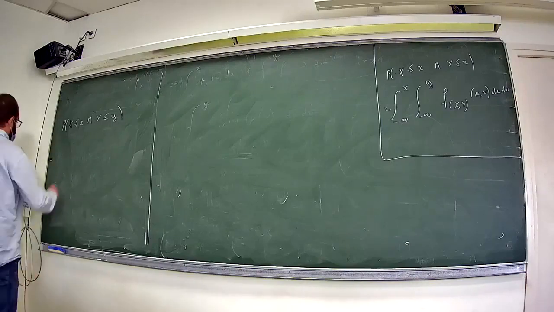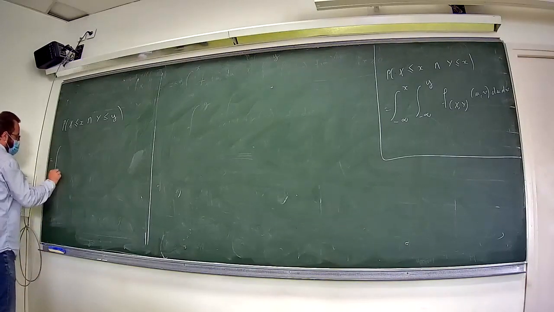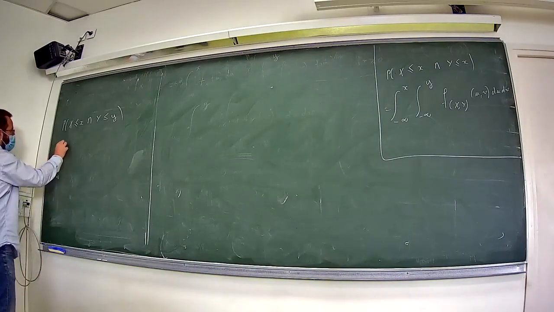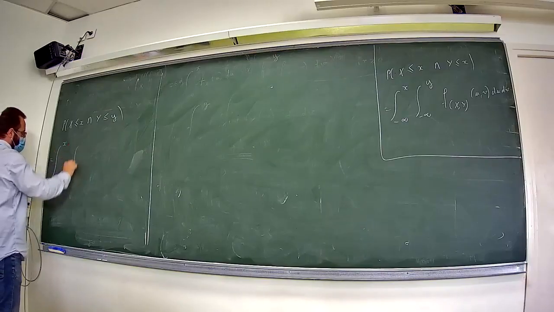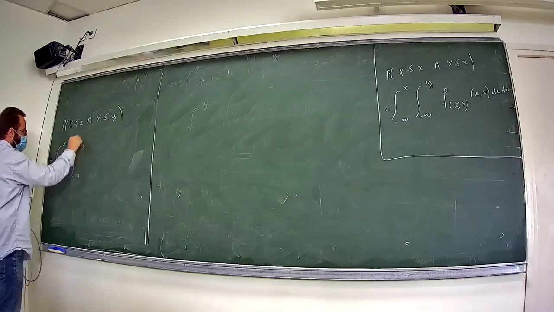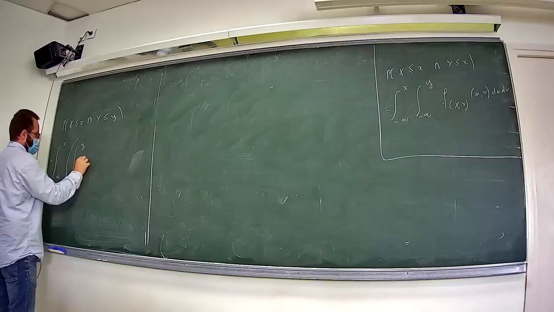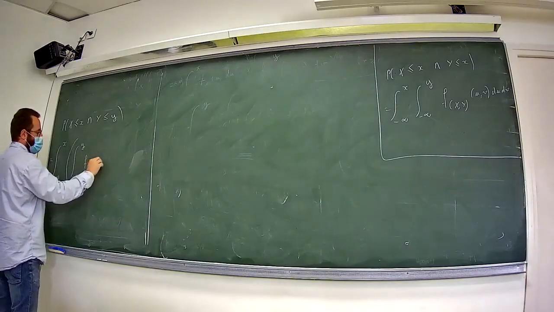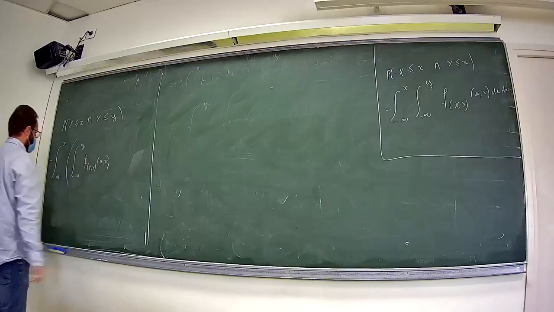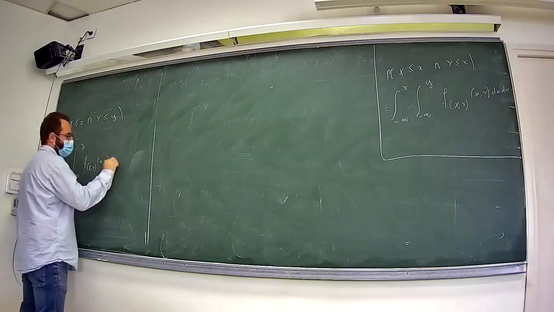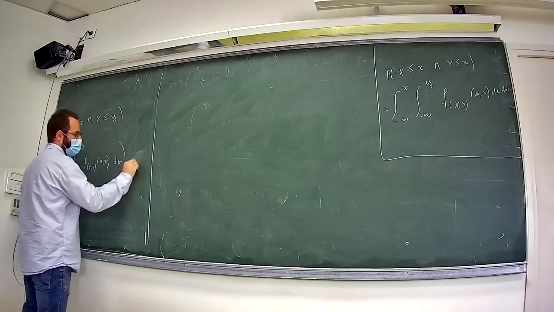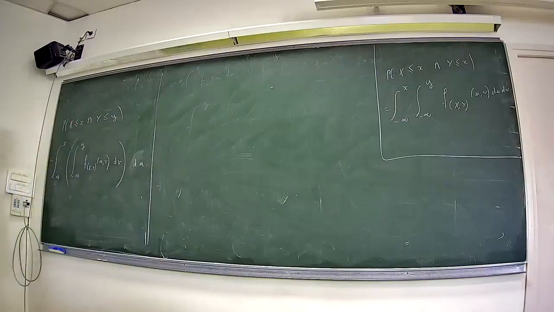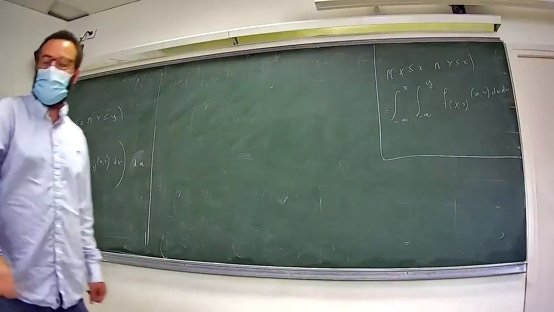So I can write it this way: from minus infinity to x, and then from minus infinity to y, f x y of u v. So I can do the integral with respect to the second variable here, and here the first variable. I can do it in the order I want.